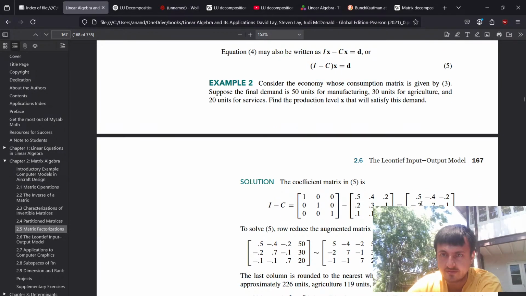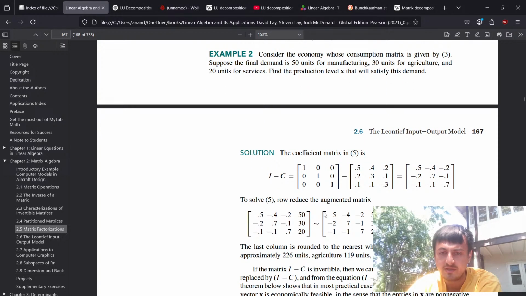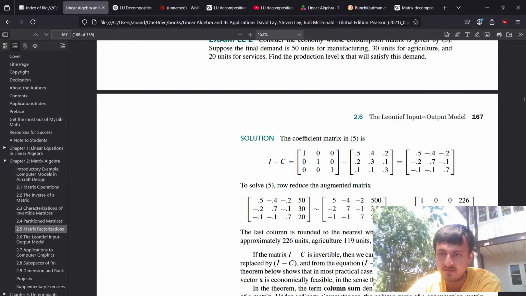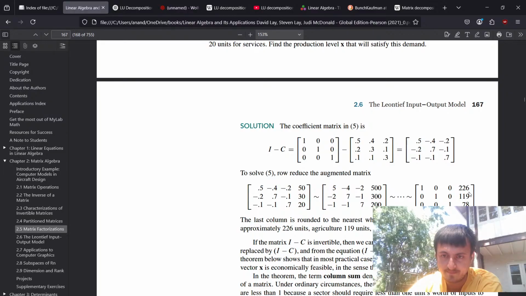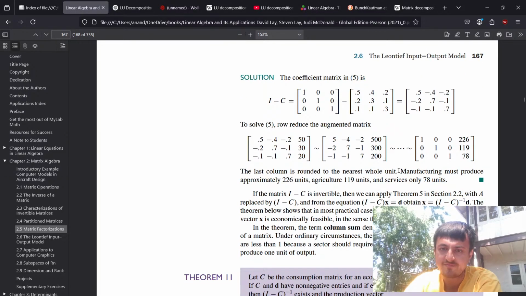So here we go, we calculate this. Now we want to figure out how much to make. You solve the system and you end up with this amount of manufacturing, agriculture, and services.